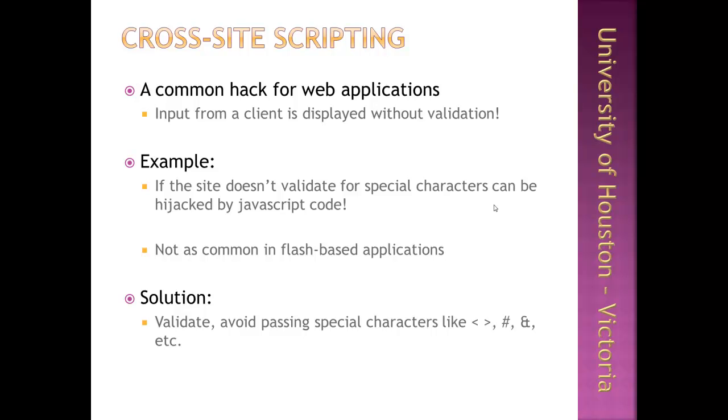The solution in this case is to simply validate the chat message and strip unwanted characters. For example, less than and greater than signs are used for HTML tags, so you can strip those characters out of your chat messages. This way, your users will not be able to send HTML formatting tags to the chat.